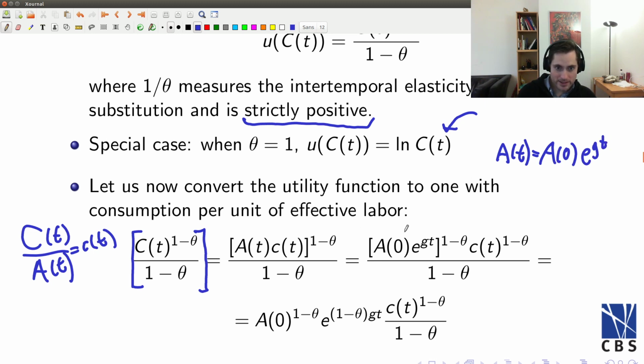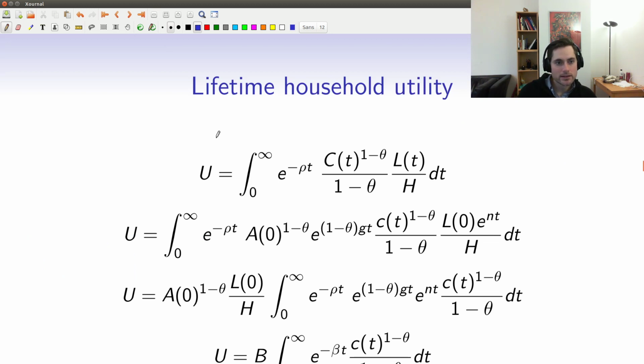So we'll replace A_t with that. And then finally, we pull everything out and put it on the side. We're going to have A_0 to the power 1 minus theta, e to the power gt times 1 minus theta, and then we're going to have this little c_t over there. And that's kind of it.